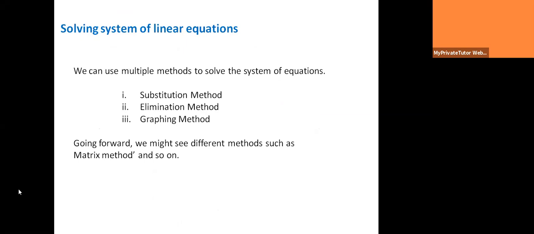We are going to use the substitution, the elimination, and the graphing methods. These are the basic methods in the syllabus, but going forward in class 11 you will learn the matrix method and Cramer's rule. As of now, we'll solve using these three methods.